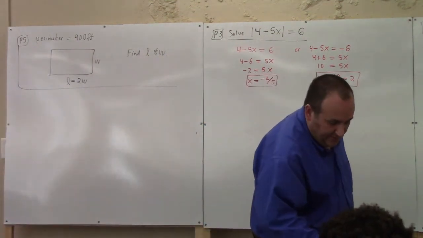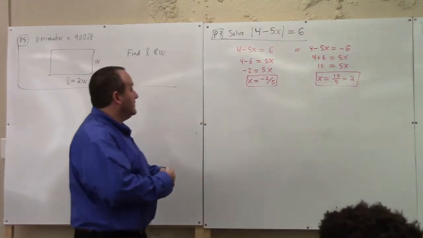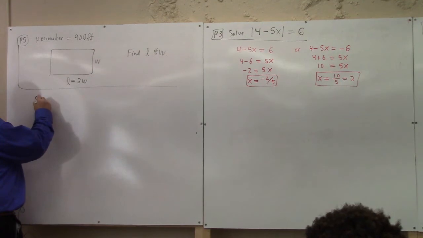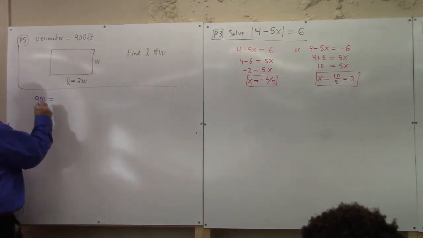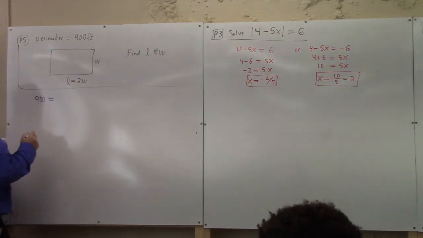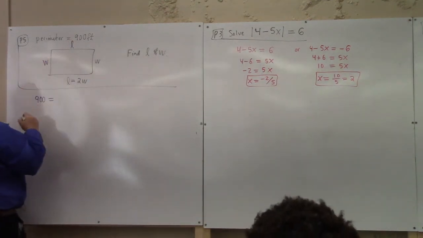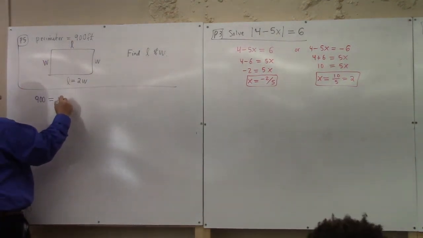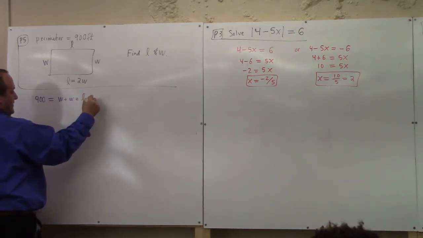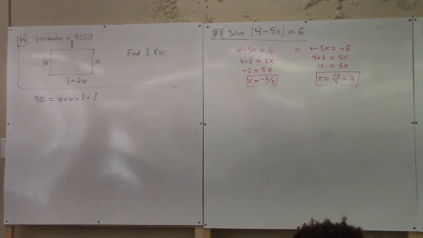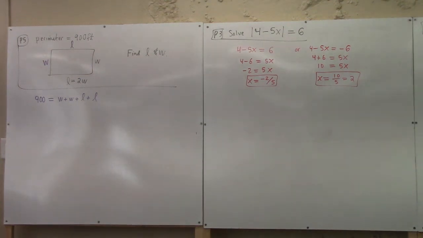So 900 equals what? Well, this is length, this is L, this is W as well. So we've got W plus L plus L. That's the sum of the lengths of the fence, the fenced area, that's the perimeter. Of course, that's 2W plus 2L.